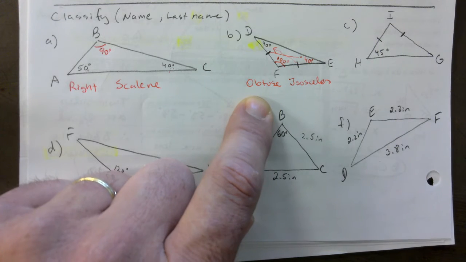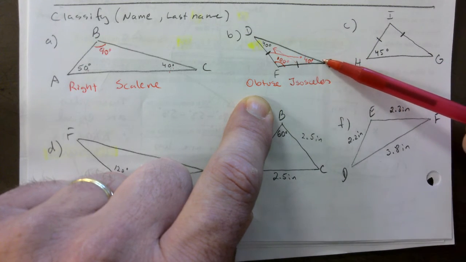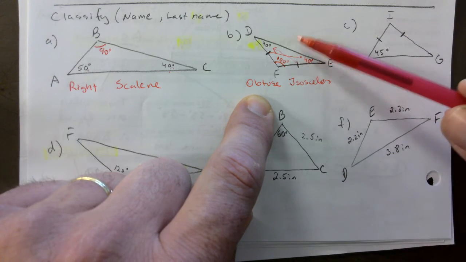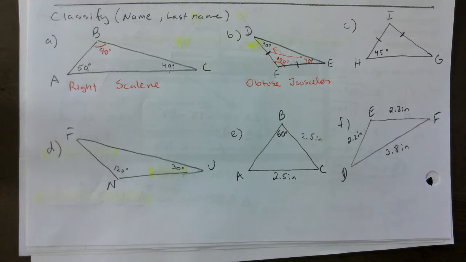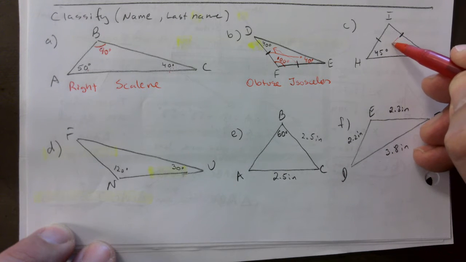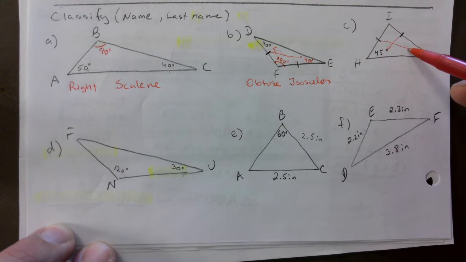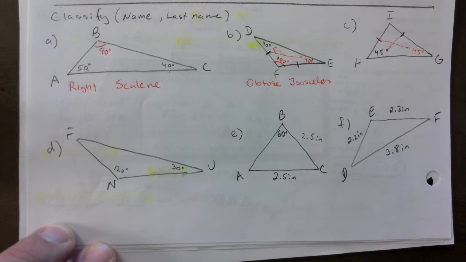This 100 will have the longest side across from it, but we know the other two are the same, so it's an isosceles. Next, we have that across from this side you have a 45. That means that across the other side that's equal will also be a 45. That's what I always do.